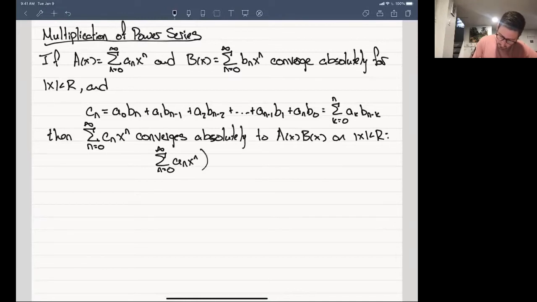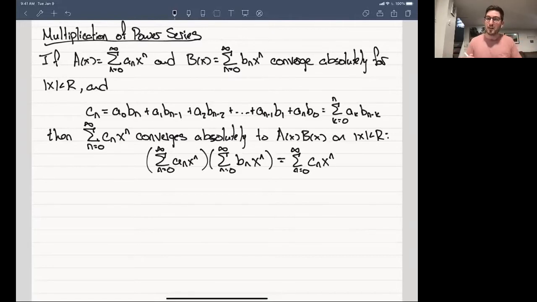All that really matters is that they have the same values of x that they converge for, and they have to converge absolutely for this to make sense. We've seen places where you do not converge absolutely, and things go very wrong. That was the conditional convergence regions.